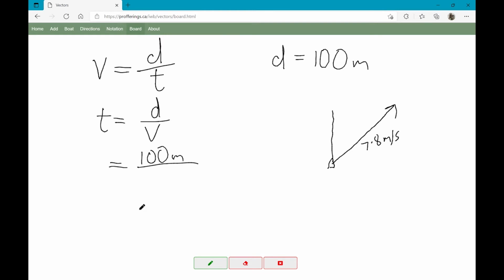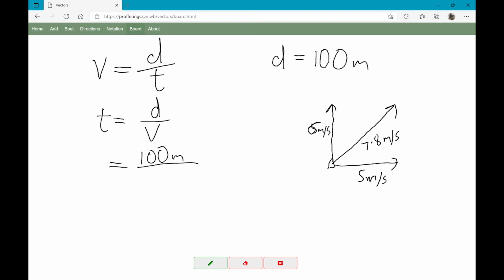It is still only 6 meters further across the river, and 5 meters further downstream. So the actual speed of the boat is 7.8 meters a second, but that's made up of those two separate motions. It's 6 meters further across the river every second, and it's 5 meters further downstream every second.